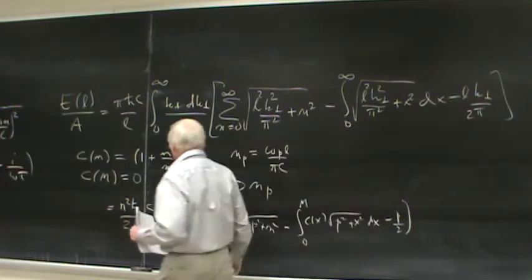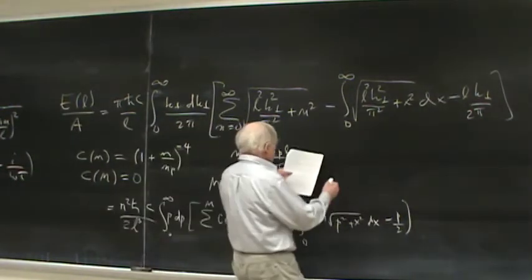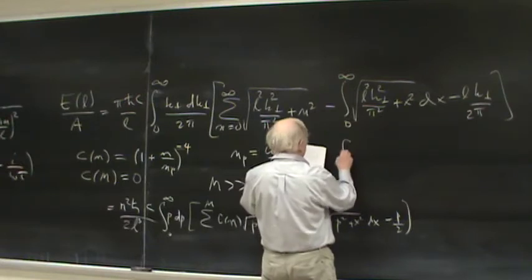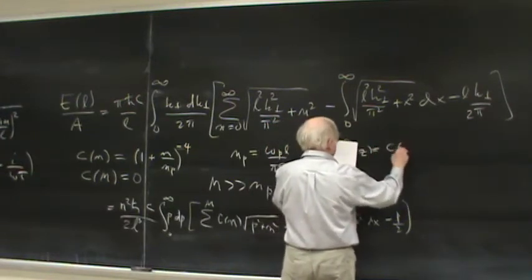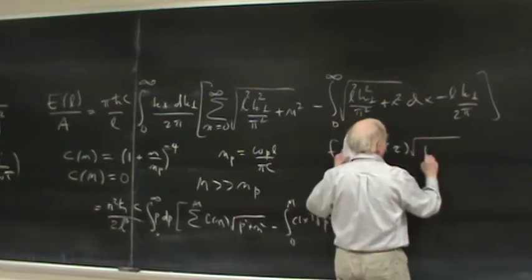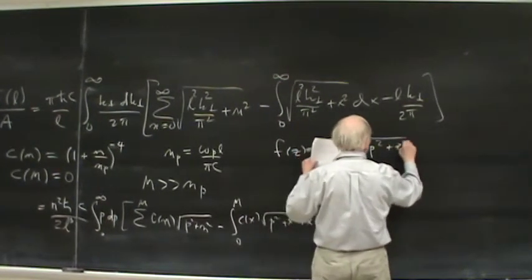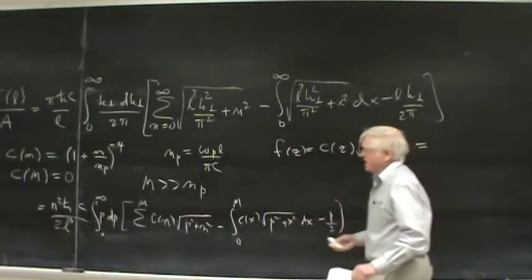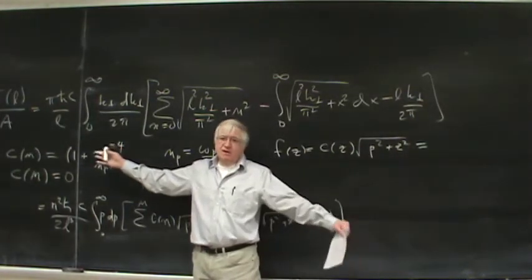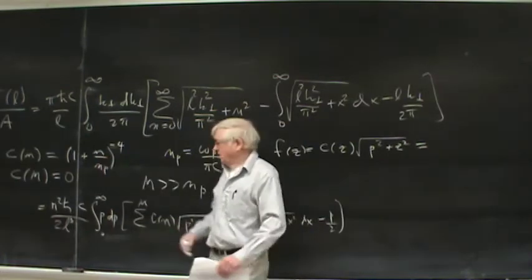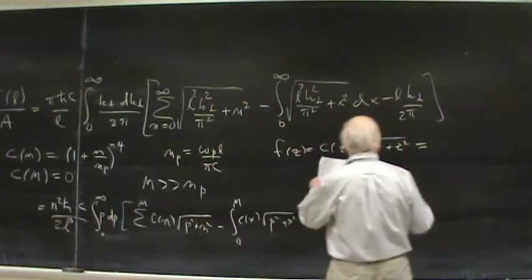And now the point is that we've got this function f of z, which I'm calling c of z square root of p squared plus z squared. This thing, because of my choice, we could have had, I mean, this obviously isn't correct, but it's plausible, and then 0 beyond m.